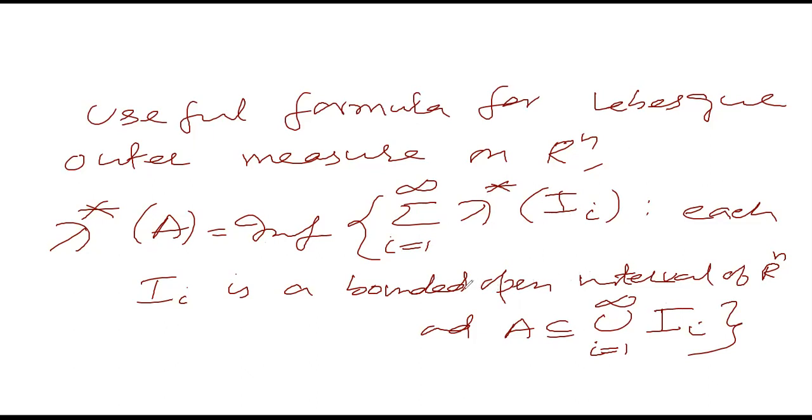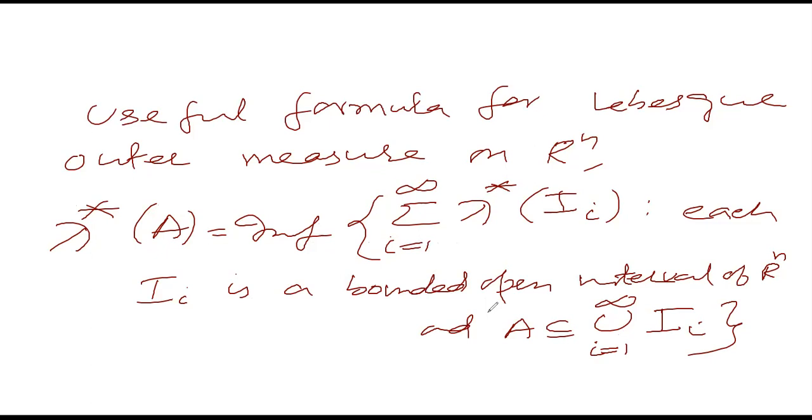This is very simple. You have to apply the definition of infimum. You choose any epsilon positive, and you need to show that there exists a sequence of bounded open intervals such that A is a subset of the union, and the Lebesgue outer measure of A plus epsilon is greater than that sum.